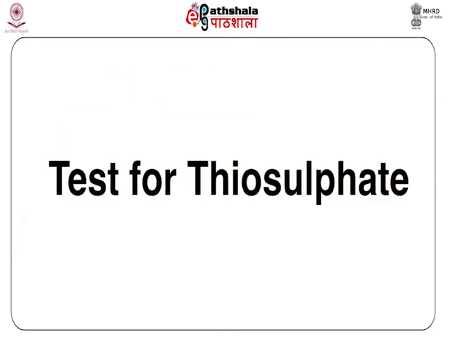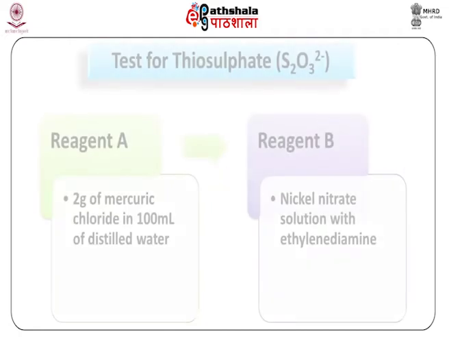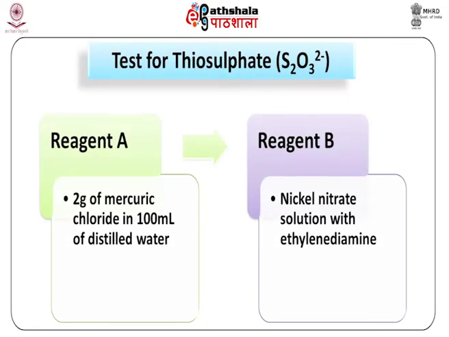Test for thiosulphate. Two reagents are prepared to test the presence of thiosulphate. Reagent A is prepared by dissolving 2 grams of mercuric chloride in 100 milliliters of distilled water.